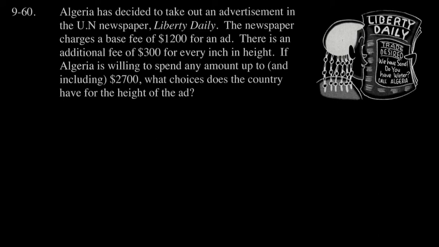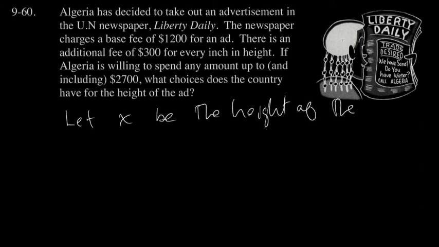So let's go ahead and set up a variable x. Let x be the height of the ad in inches. We could complicate it and say it's in feet, but they told me what it costs per inch, so let's do that. So if I was going to write an expression that would represent the cost of the ad, it's $300 for every single inch you have.